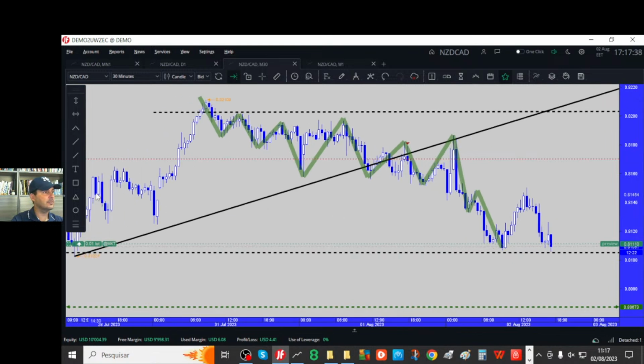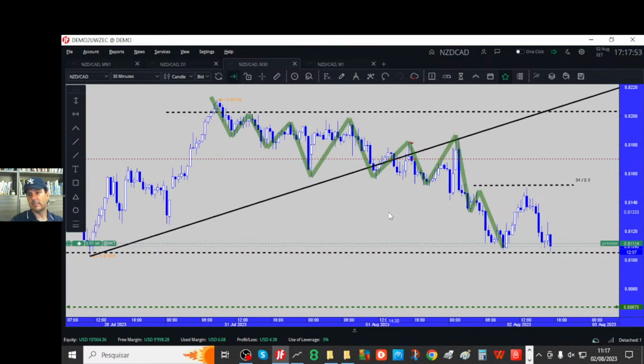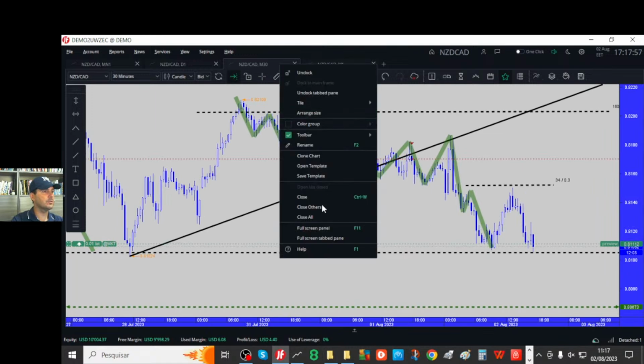Let's say that I have a trade management system or strategy and I'm going to cancel and replace. Well, most likely I would be out of the trade here. This would be my stop loss. The market would stop me out and then reverse, whatever might be the case. Just follow the rules, everybody.